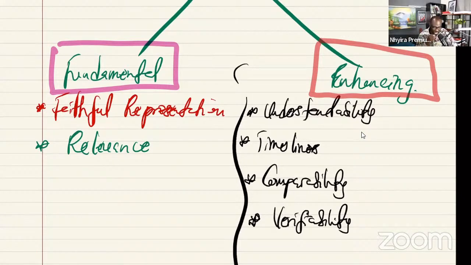And I always use makeup by ladies as an example.